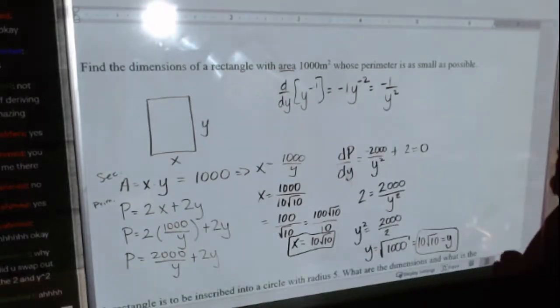So if you want to minimize a rectangle, it turns out to be a square. So I always thought that problem was kind of fun. Any other questions about that guy?